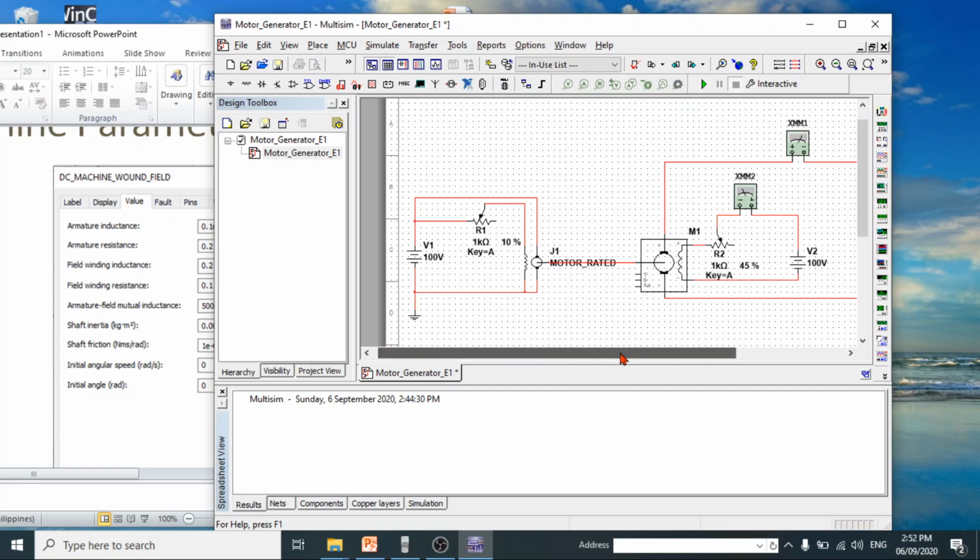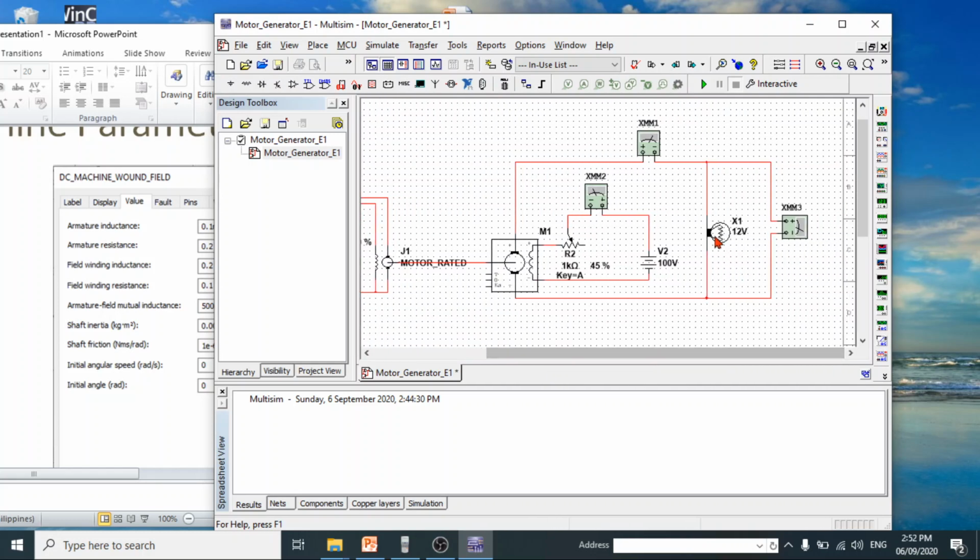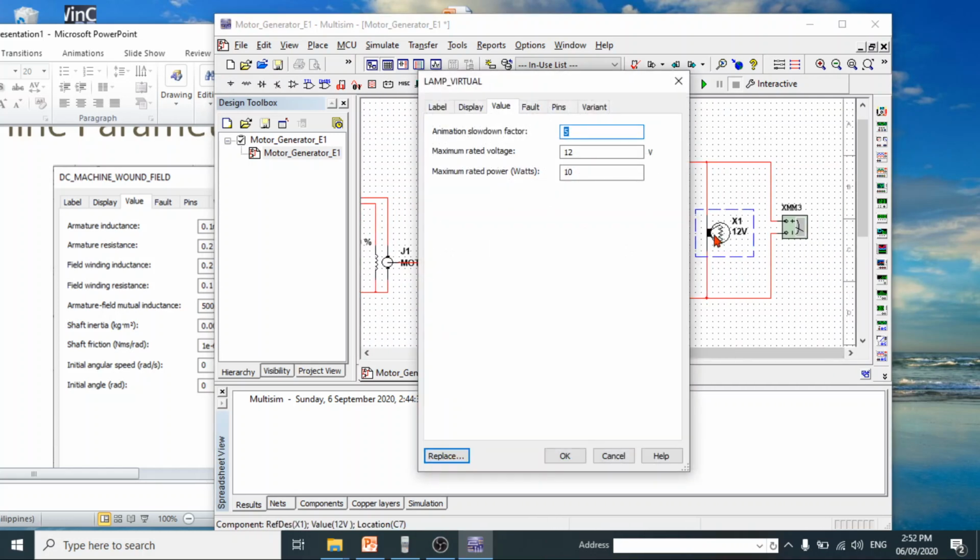Then we go to the lamp. Double click the lamp and then type 250 volts as the maximum voltage that can be given to the lamp. This is the rated voltage of the lamp.